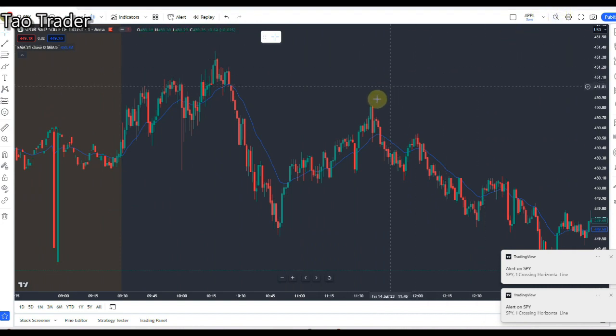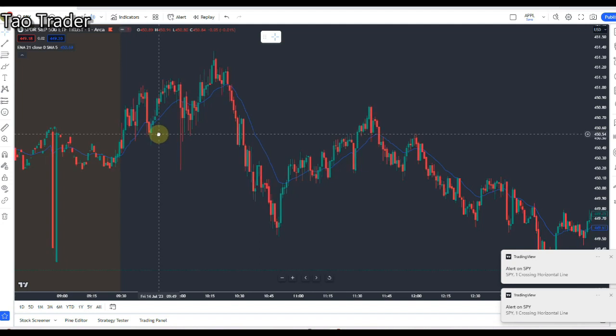Now we're on SPY, so let me show you what I mean. Let's say SPY double bottoms right here, a little bit after open. That is something I am always going to pay attention to, double bottom, double top, when I'm playing the 1-minute chart.